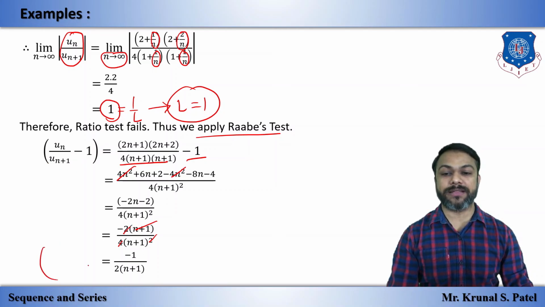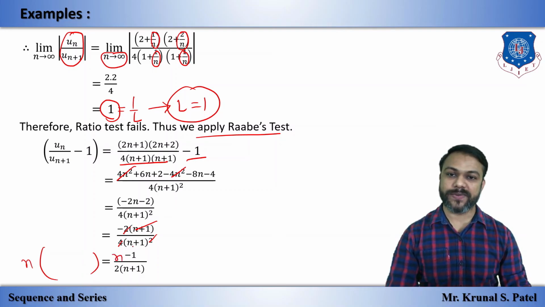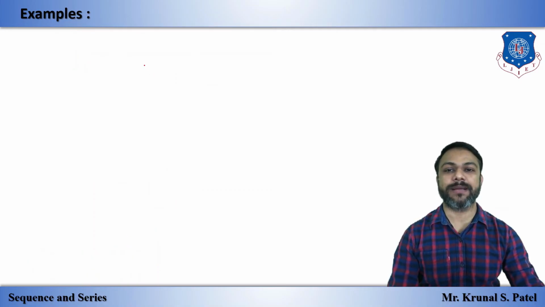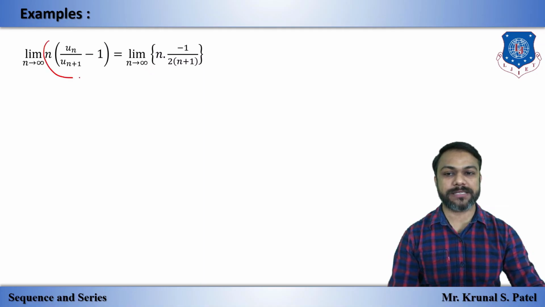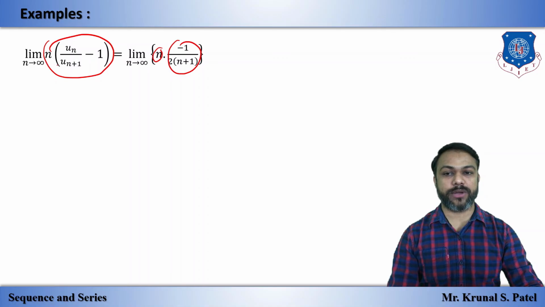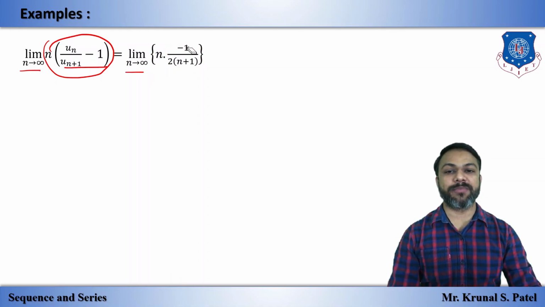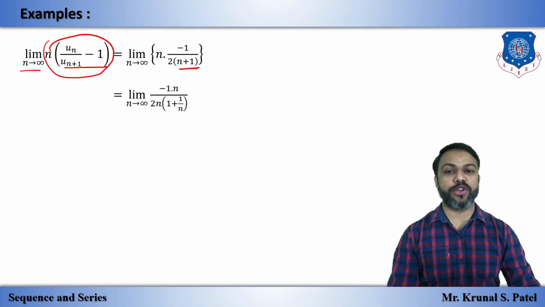Now we will multiply this by n on both sides. So we will get this one. Let's have a look at the next step. We multiply this, so n is here with this bracket, and we'll take the limit on both sides. By simplifying, we can take n common from the denominator, so we have this, by cancelling n.